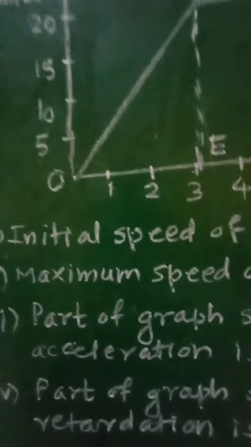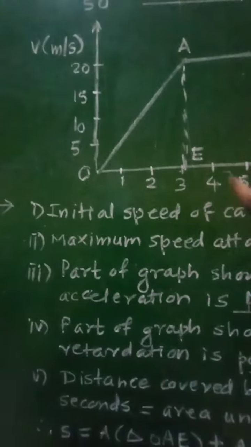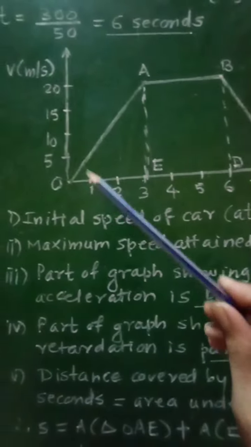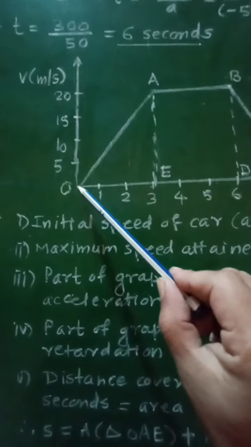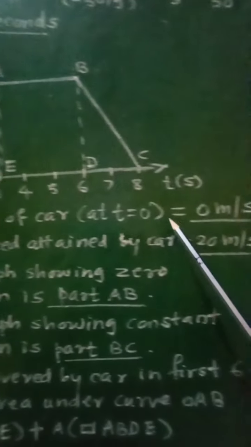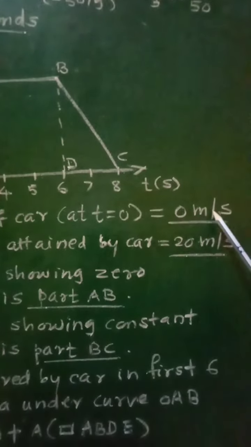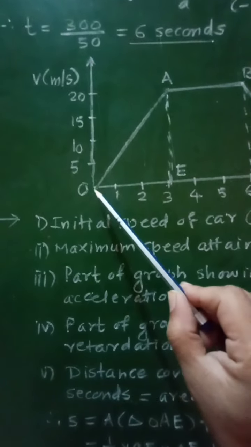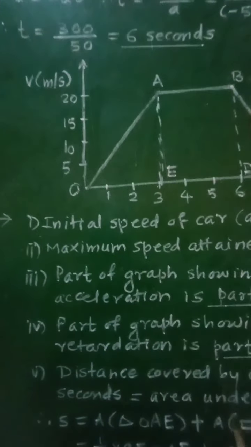The first quantity is the initial speed of the car, that is at t is equal to 0. So when t is equal to 0, v is equal to 0, and therefore the answer will be 0 meter per second. So initially the speed of the car will be equal to 0.